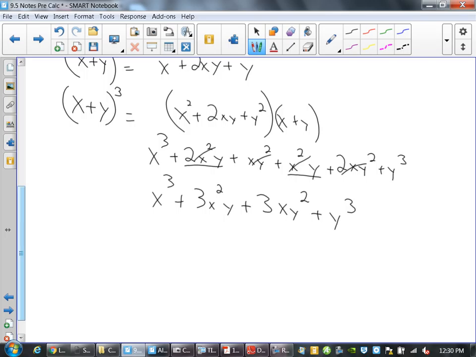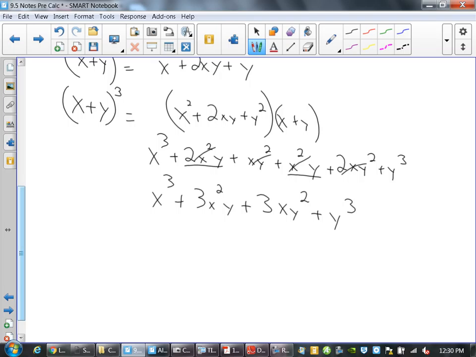So your tail ends are the high exponents. The middle ones, watch what happens with the powers of the x. Cubed, squared, 1, and now there is none.